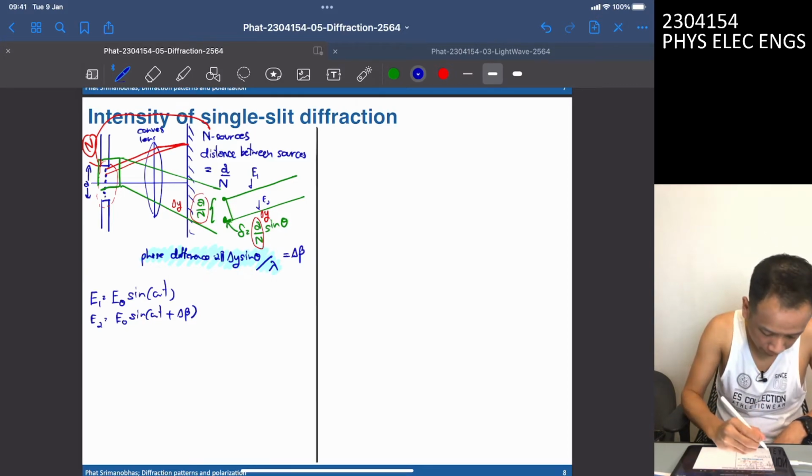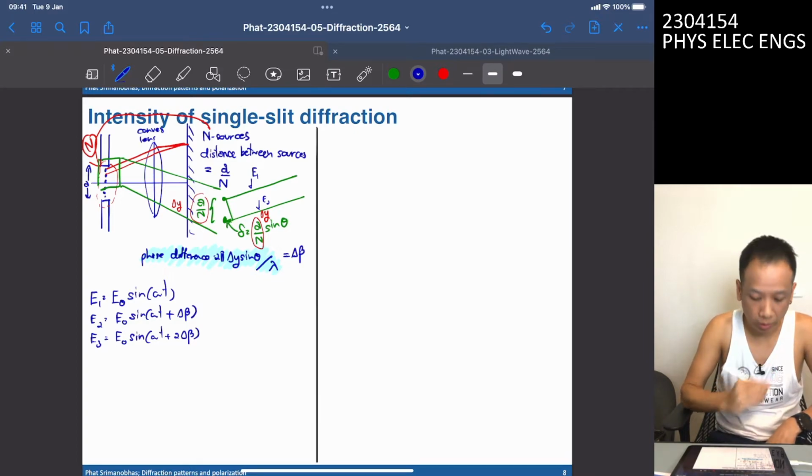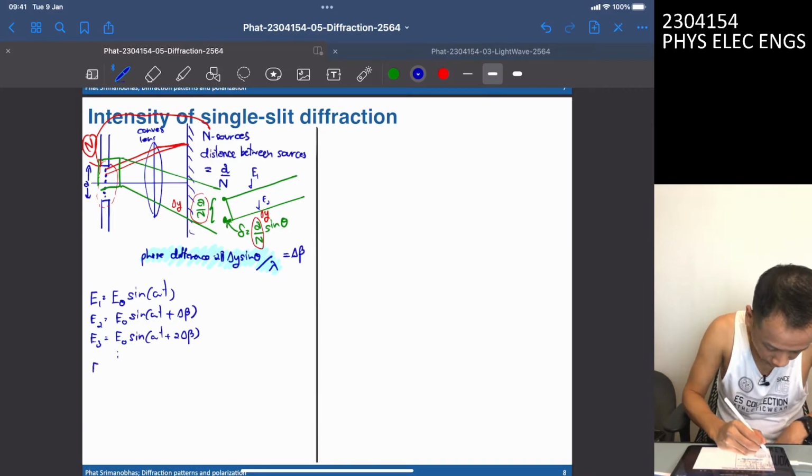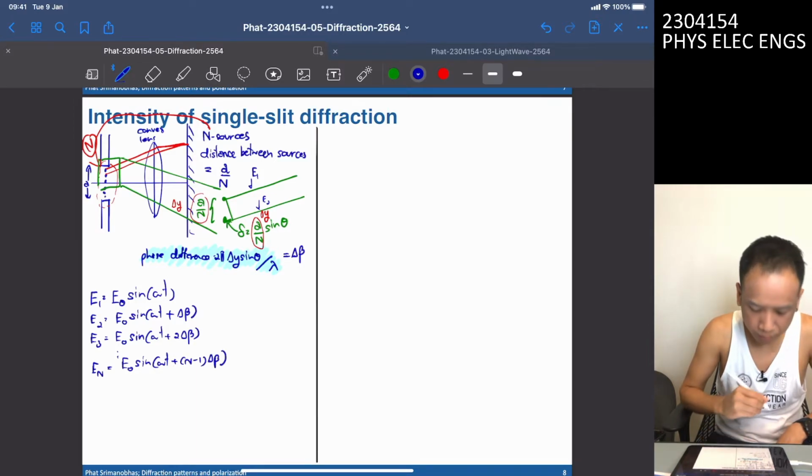E3, the same, E0 sine omega t plus 2 delta beta. And so on, and you get En equal to E0 sine omega t plus n minus 1 delta beta.